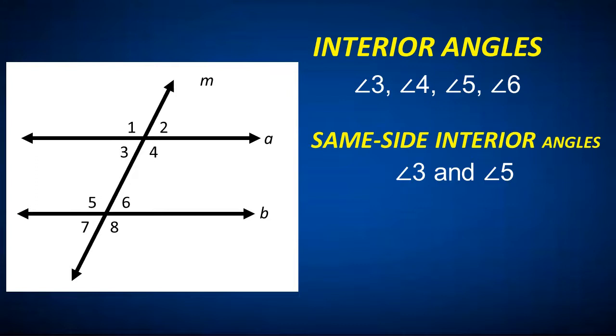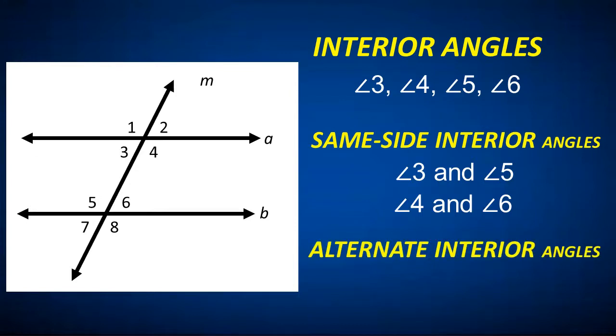So, aside from angle 3 and angle 5, can you give another same side interior angle? So, correct. Angle 4 and angle 6 are same side interior angles then. They are both lying on the right of the transversal, and they are both interior angles.